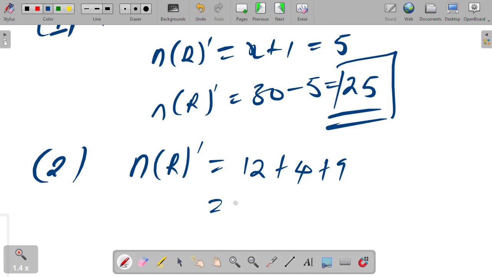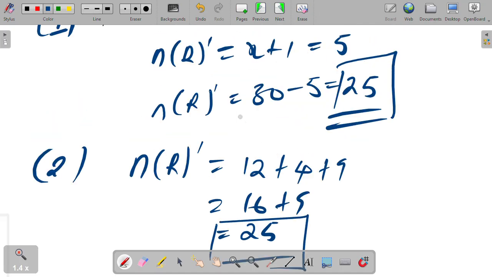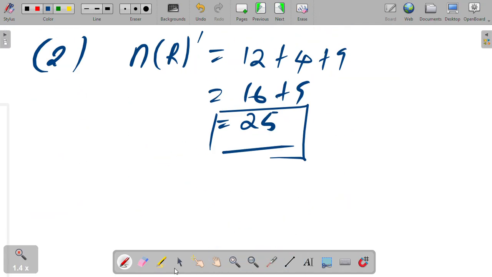It is 12 plus 4, which is 16, plus 9, which is 25. You see the other method? So when we add here, it's 16 plus 9, we get 25. So this is how you maneuver. This is how you find the solution for the second part.